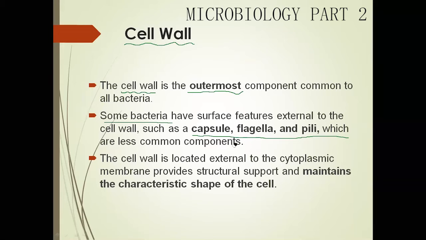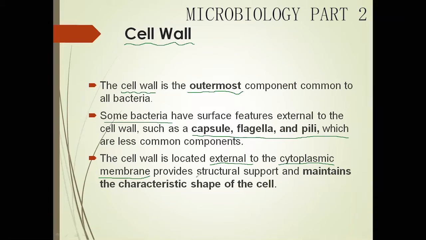So cell wall, we say it's located on the outside of the cytoplasmic membrane. Yeah, we say that membrane is similar to the human cell membrane. It's located outside it.